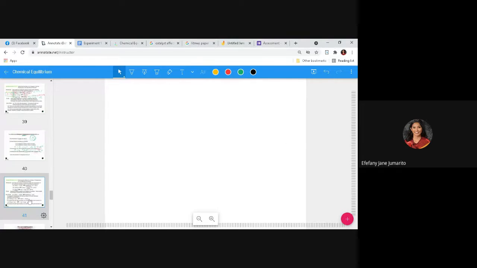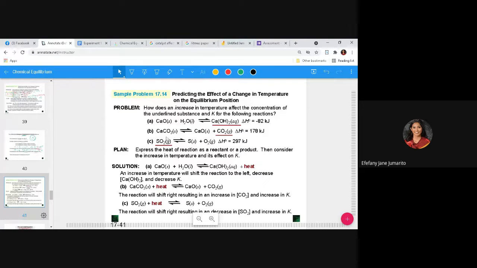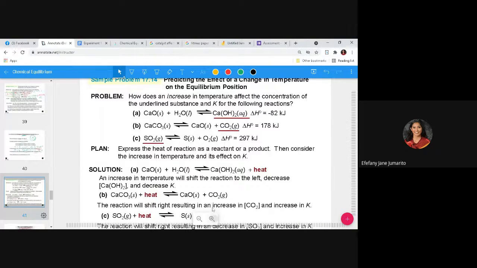Okay, we have this one. Let's consider an example. How does an increase in temperature affect the concentration of the substances and K for the following reactions?